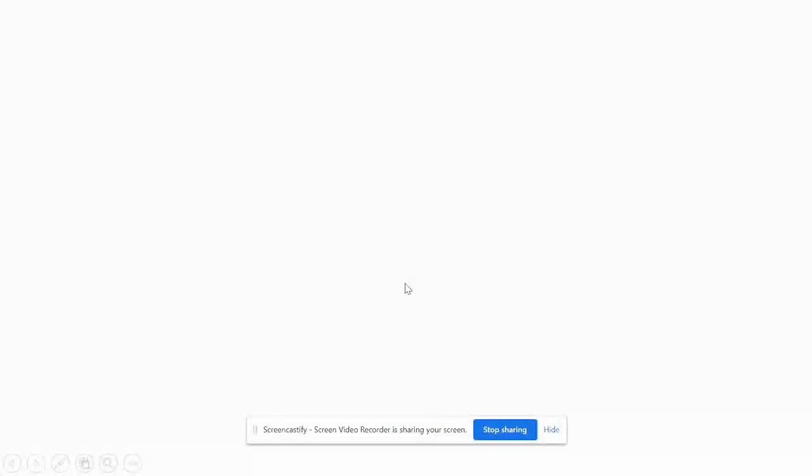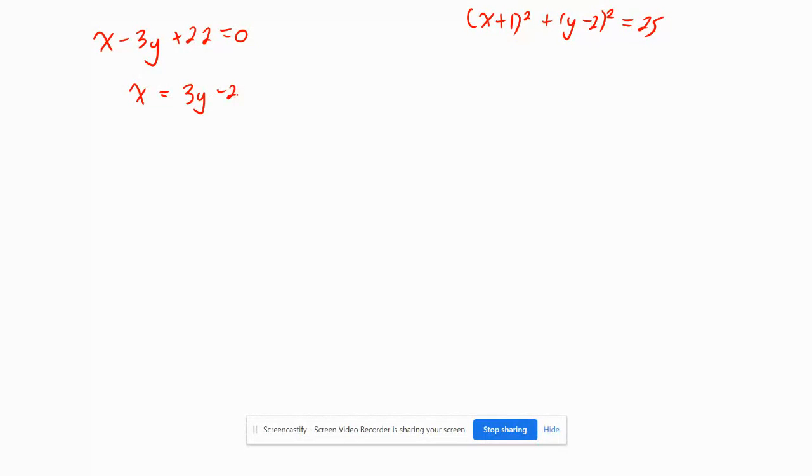So we have x minus 3y plus 22 equals 0, and the circle is (x plus 1) squared plus (y minus 2) squared equals 25. I'm just going to solve this guy for x: x equals 3y minus 22. And I'm going to make this substitution here.